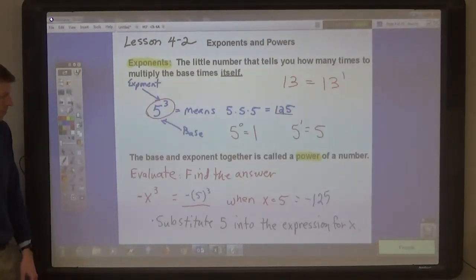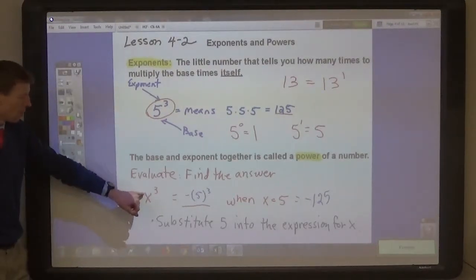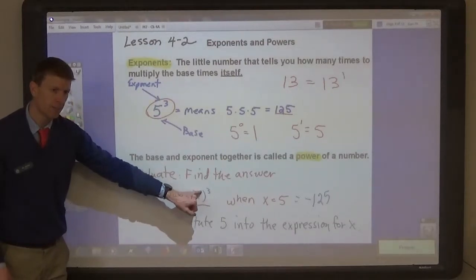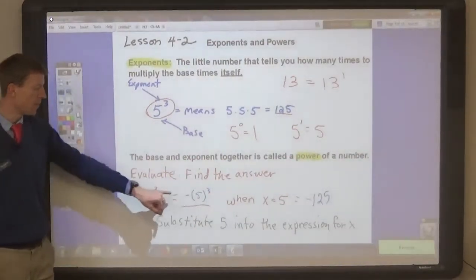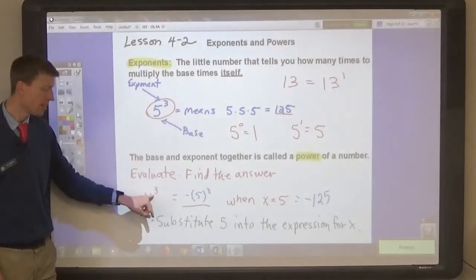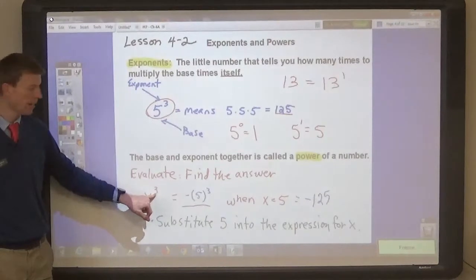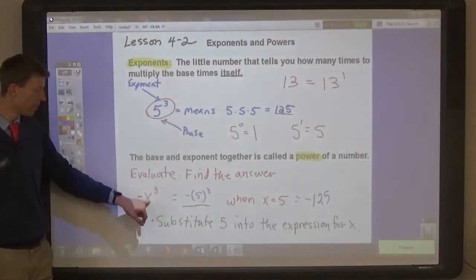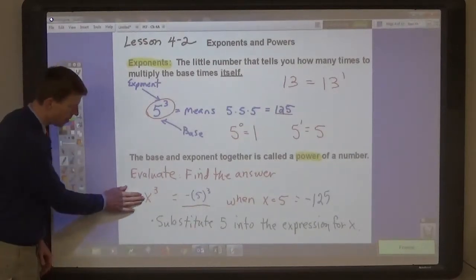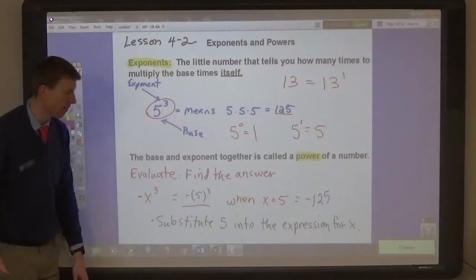In that case, when you put the number in, it affects the answer. The negative sign is not part of the power. The negative sign is separate from the power. This is like just x to the third power and then make it negative.